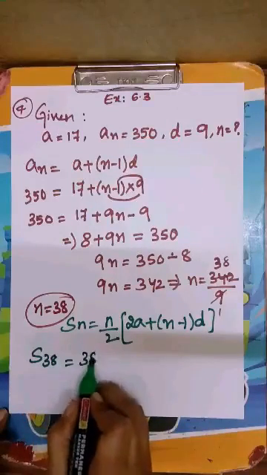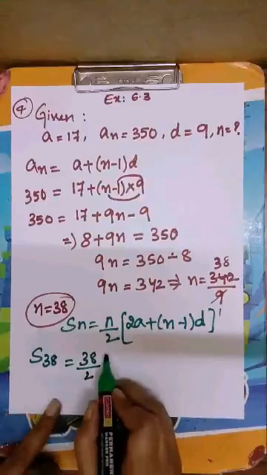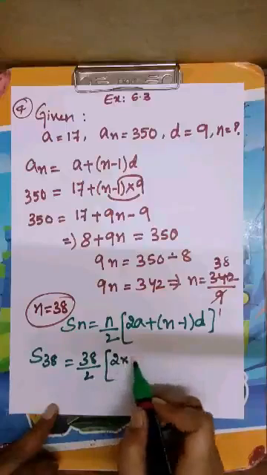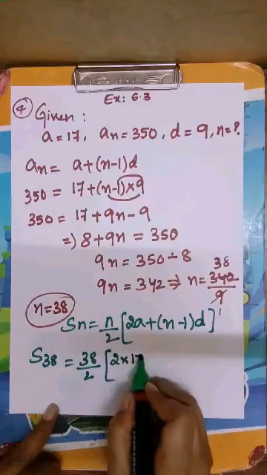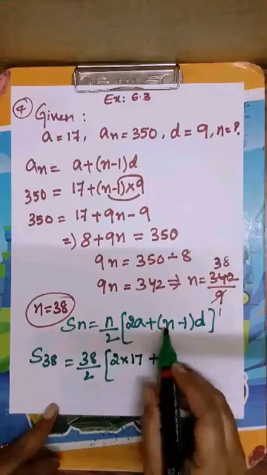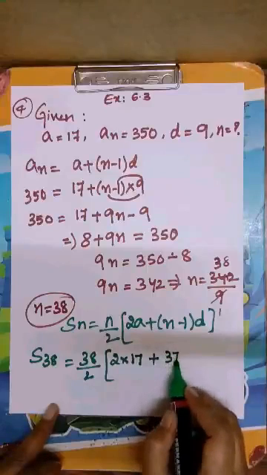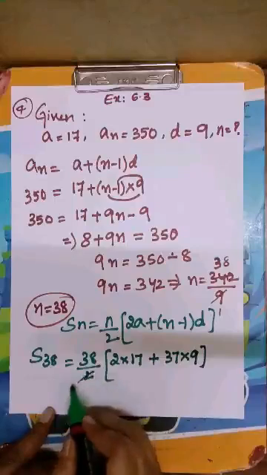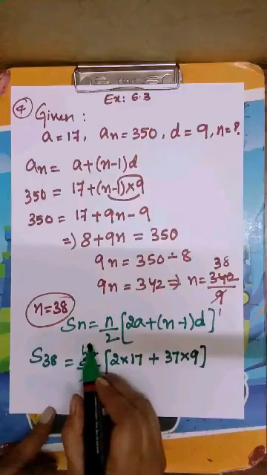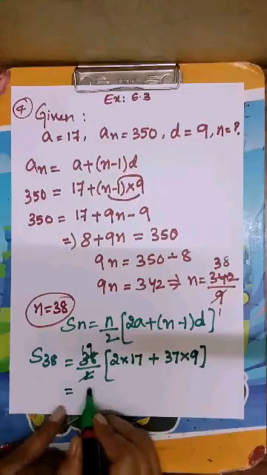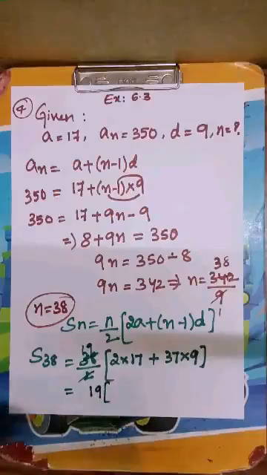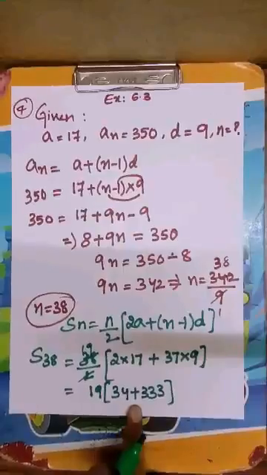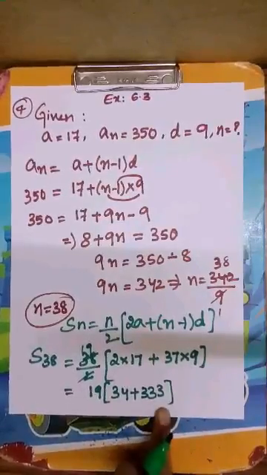S38 is equals to 38 by 2 into 2 into A is 17 plus 38 minus 1 is 37 into 9. Common difference D is 9. 2 ones are 2, 2 9s are 18. So 19 into 17 into 2 is 34 plus 37 into 9 is 333.